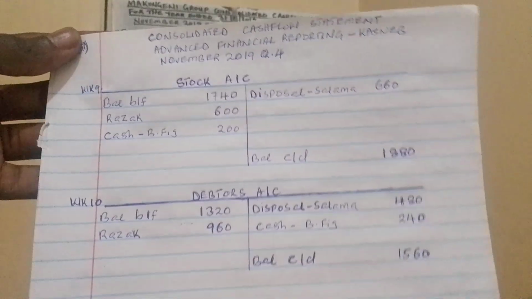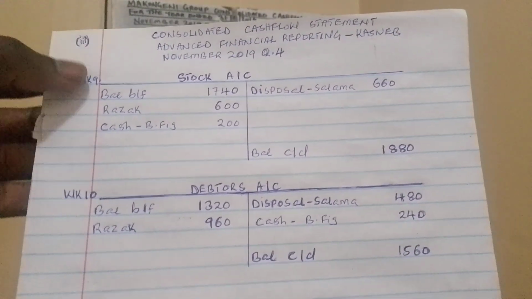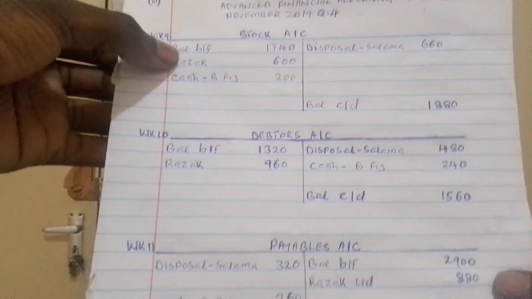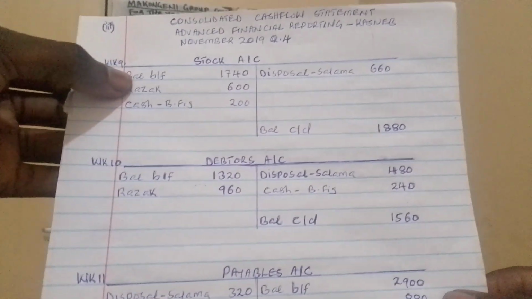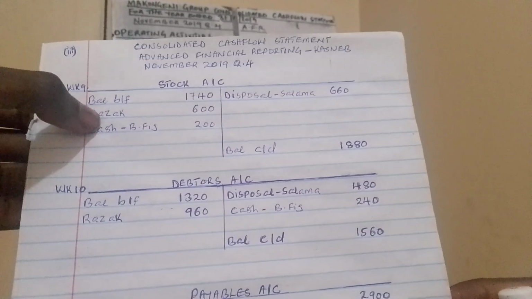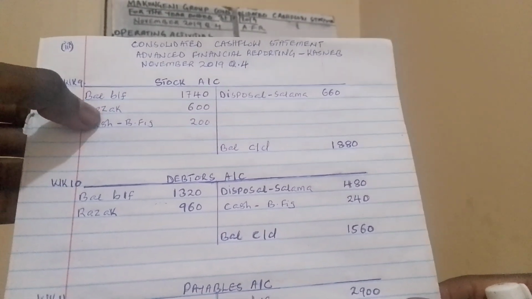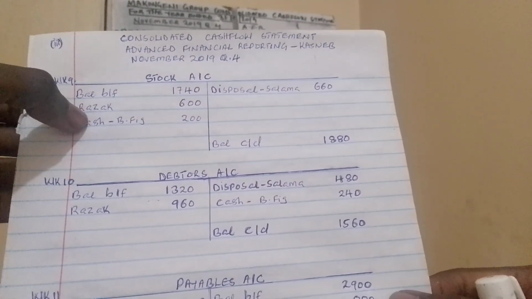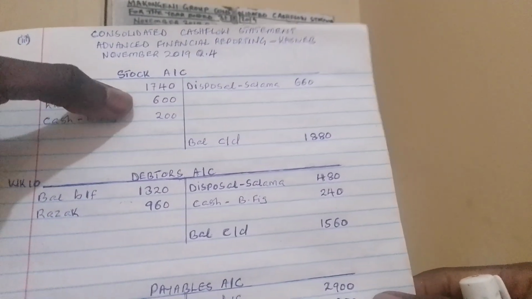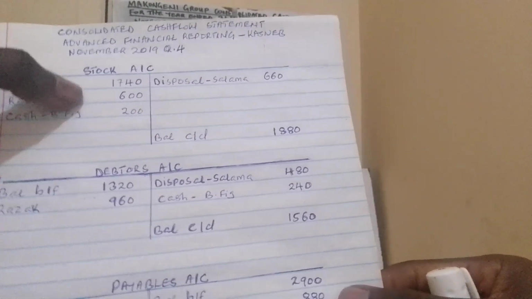Spending more time. Now, for the stock, if you go to the income statement, you find balance brought forward 1760 and the balance carried down 1880. What increased our stocks? When we acquired Rasaka, you find additional information number 1, there was a stock of 600, so our stock increased.